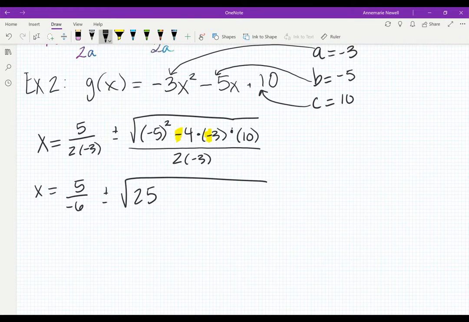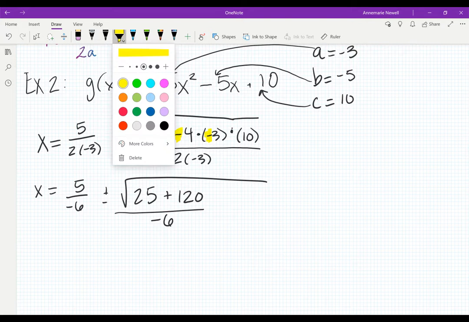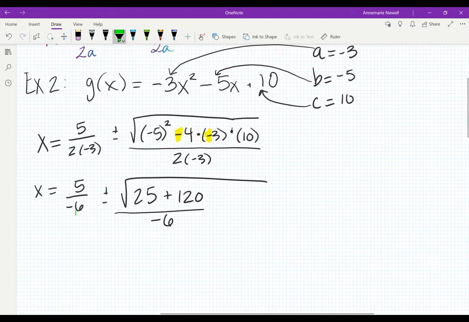So I have plus 4 times 3 is 12 times 10. I add a 0, it's 120. All over negative 6. What's also interesting and good to note is that your denominators here will always be the same. It's just that when we simplify, some of them might simplify easier than others.